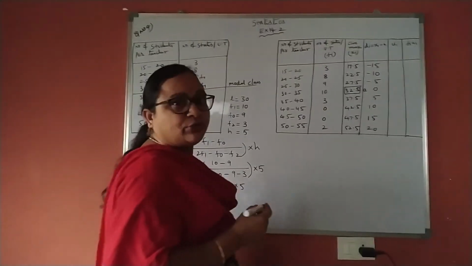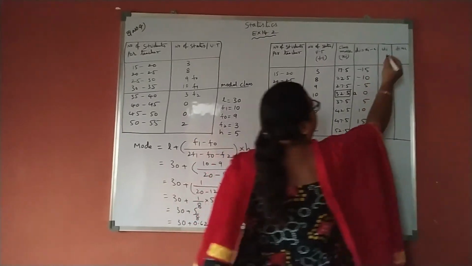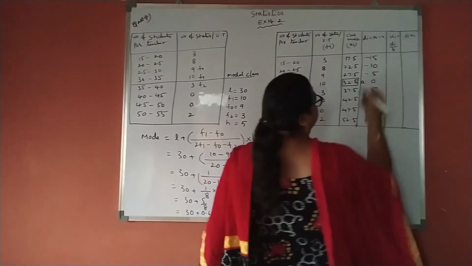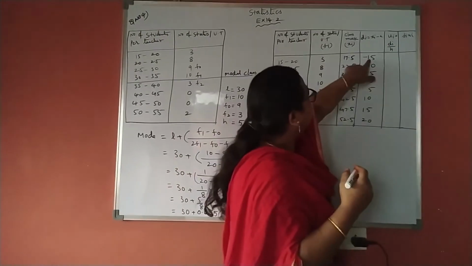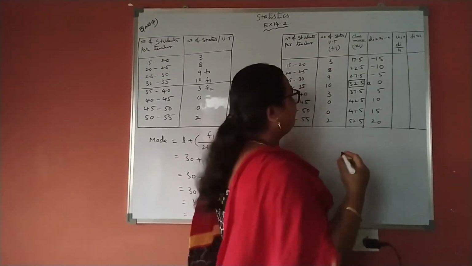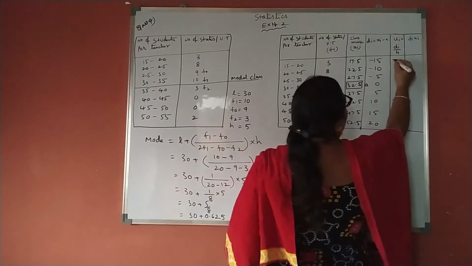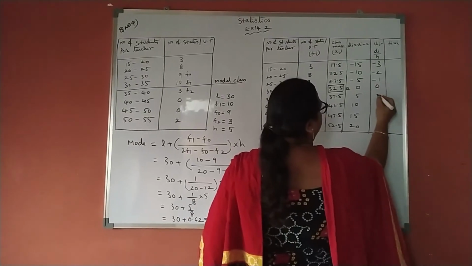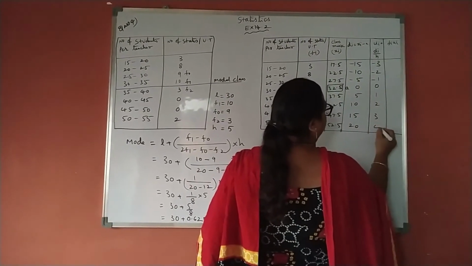Then how we will get UI? UI is nothing but DI by H. Here DI is minus 15. By H means class size. Here class size is 5. So minus 15 by 5. Minus 3, minus 2, minus 1, 0, 1, 2, 3, 4.